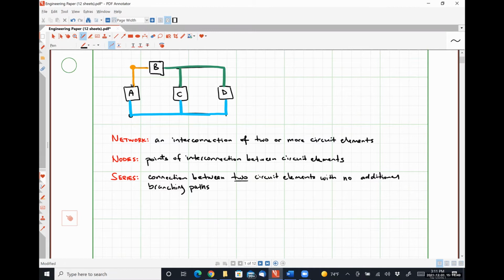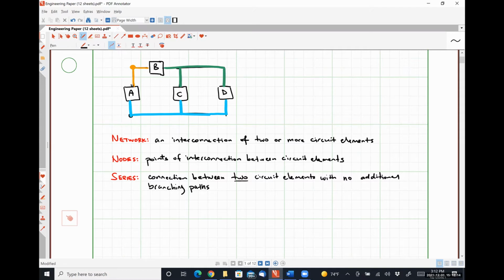Similarly, B and D can't be in series, and C and D can't be in series because there's another path that could be taken, all right? So only in this example here, only elements A and B satisfy the criterion for being considered a series connection. All right.